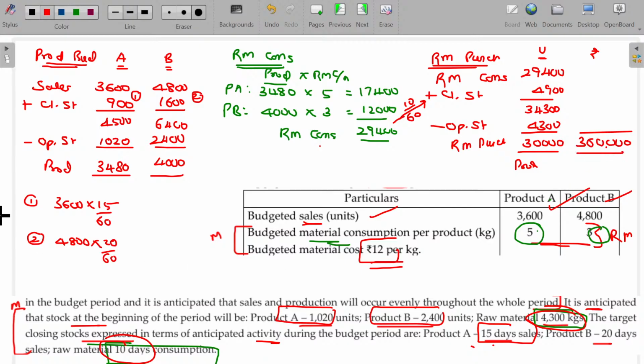In rupees it is a financial term, in units it's only a physical term, right? So this illustration comprises the calculation of production budget, raw material purchase budget and all.